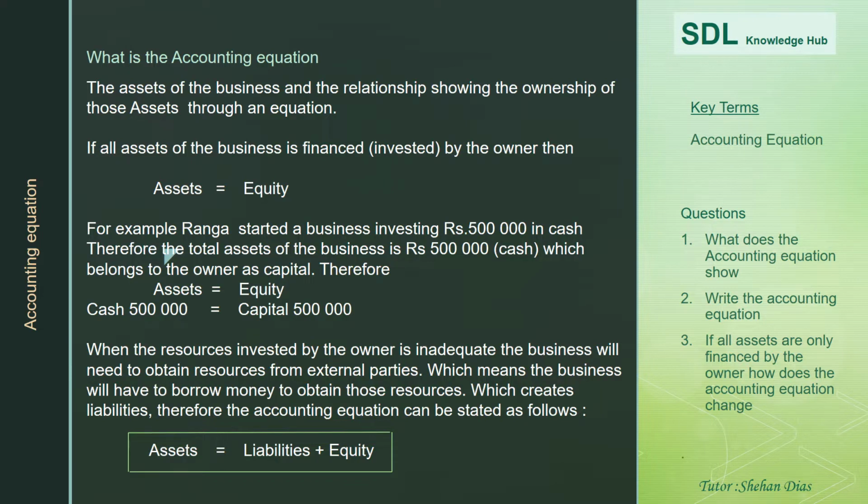Therefore, the accounting equation will read as assets equals liabilities plus equity, which means the assets of the organization are funded part by third parties, which are liabilities, and part by the owners of the business, which is equity.